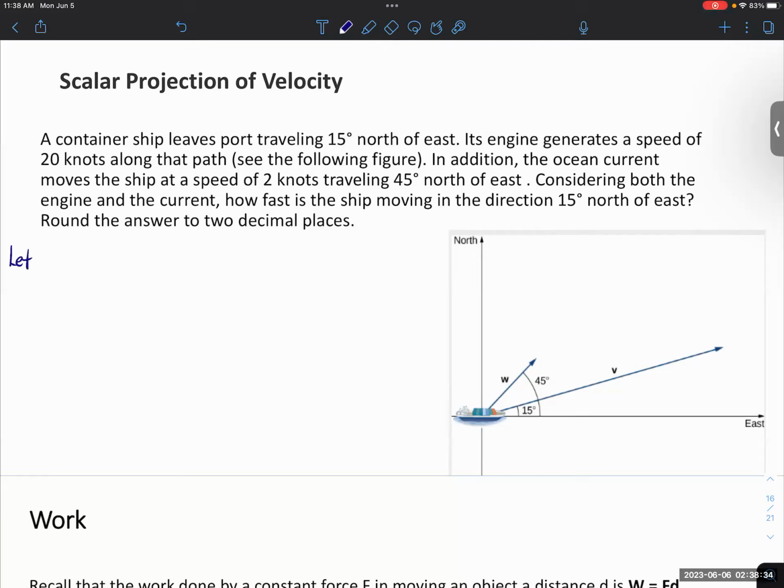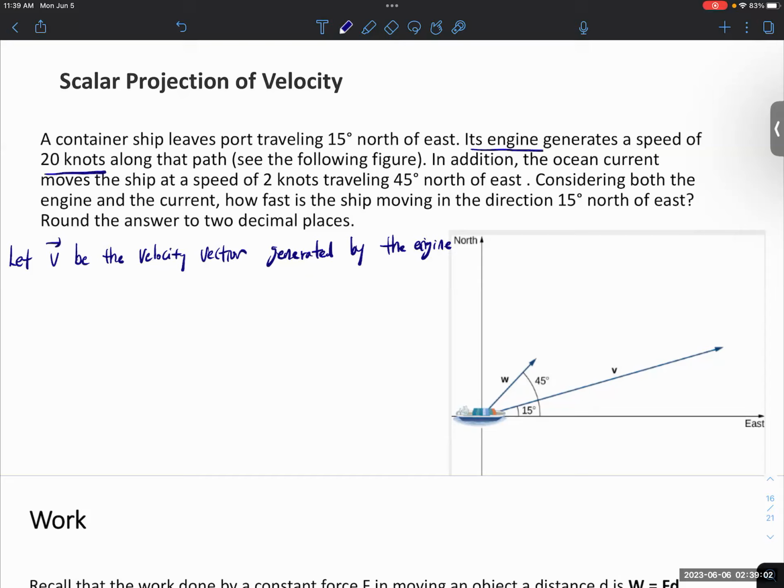Let V be the velocity vector, because they're talking about the speed generated by the engine. That's the V vector, which is here.